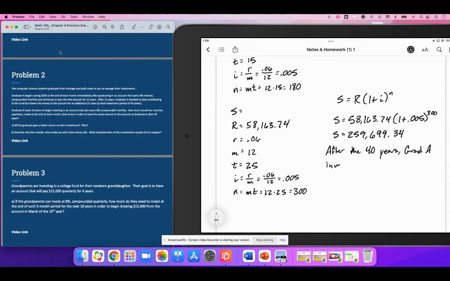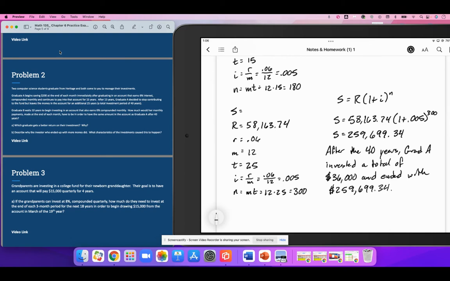Grad A invested a total of 36,000 bucks and ended with $259,699.34.